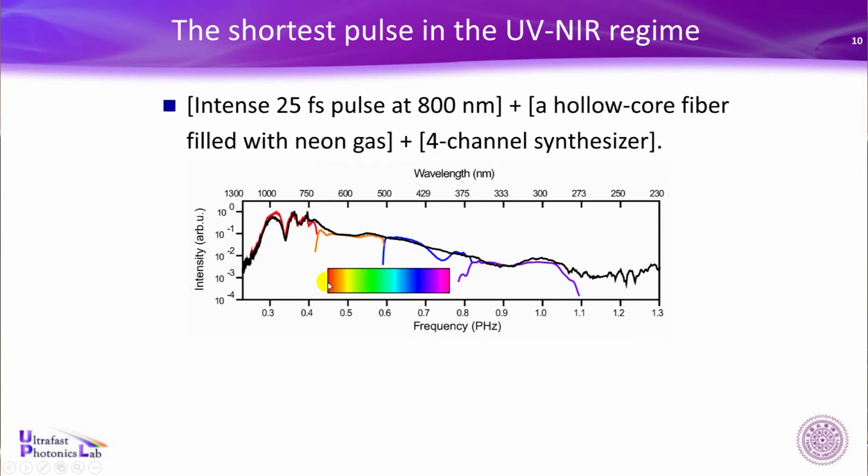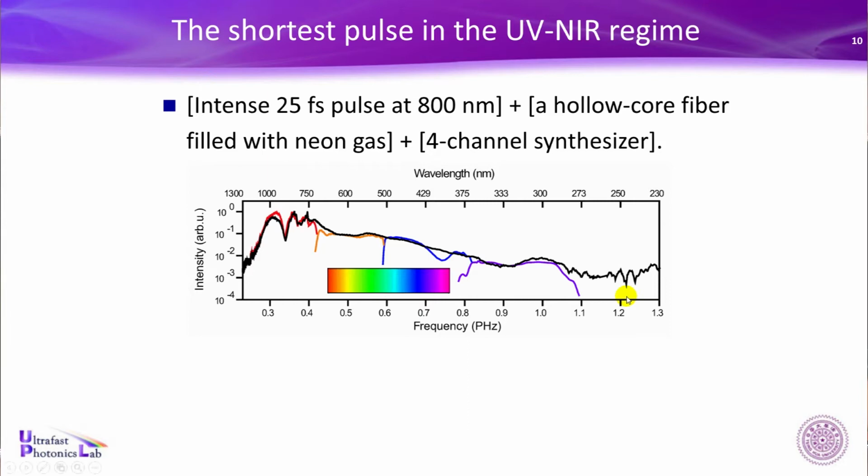So this is already the entire visible range. That means this is white light, right? If you have everything over this range, you have white light. And this is the bandwidth generated in this case. It's even whiter than white light. 比白光还要白的光，对不对？因为频宽更大了。So it's amazing broad bandwidth that you can generate.